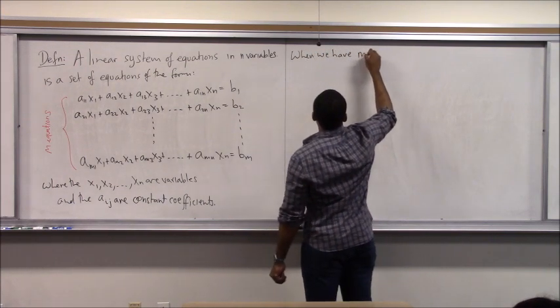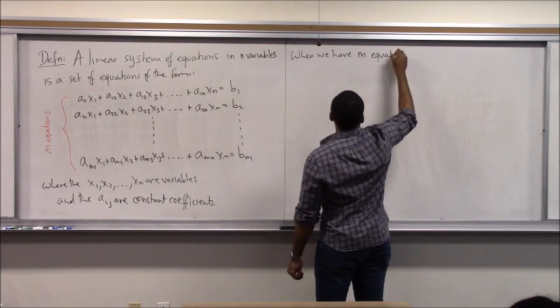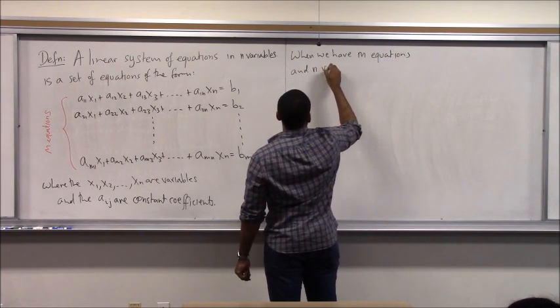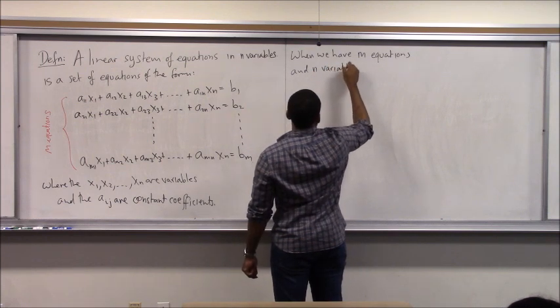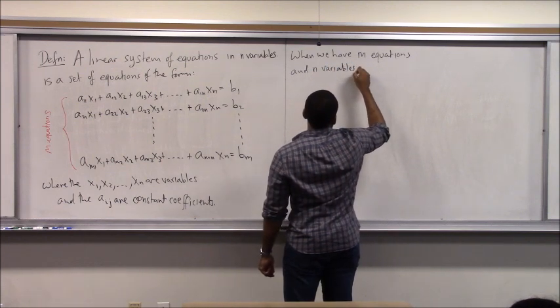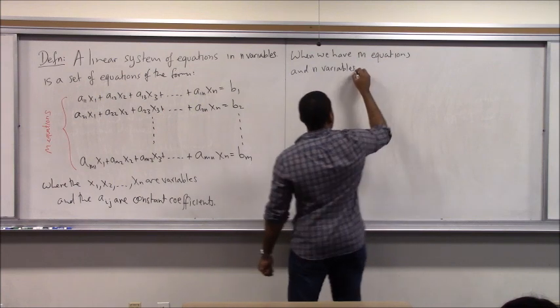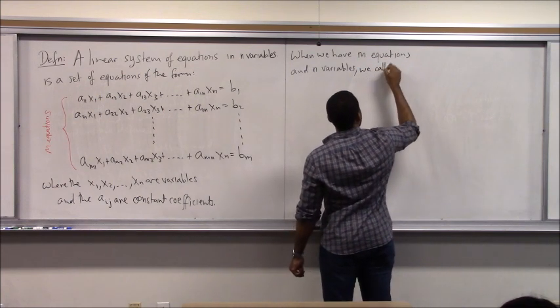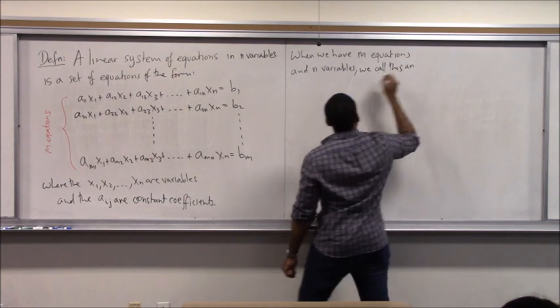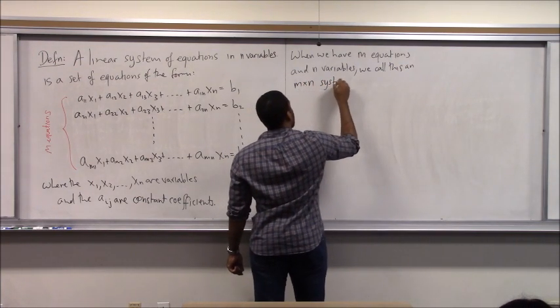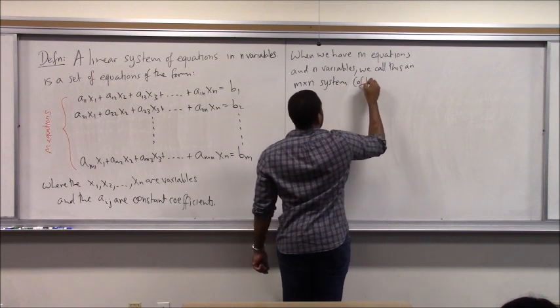When we have m equations and n variables, we call this an m by n system of linear equations.